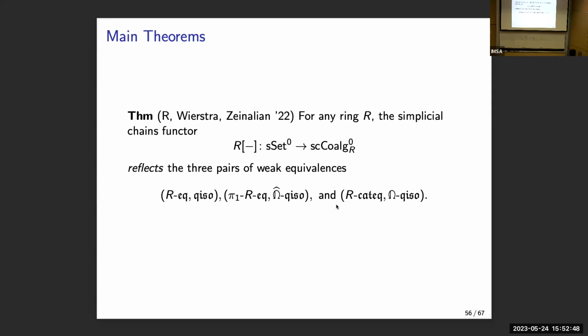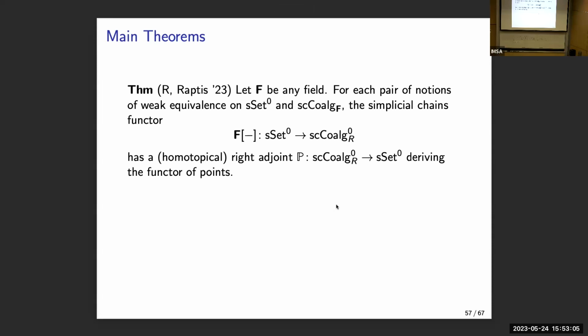The next statement will be a statement about abstract homotopy theory for each pair of notions of weak equivalence. Note that the previous statement is true over any commutative ring R. For the next statement, which we proved recently with George Raptis, I have to assume F is a field, but a field of arbitrary characteristic.